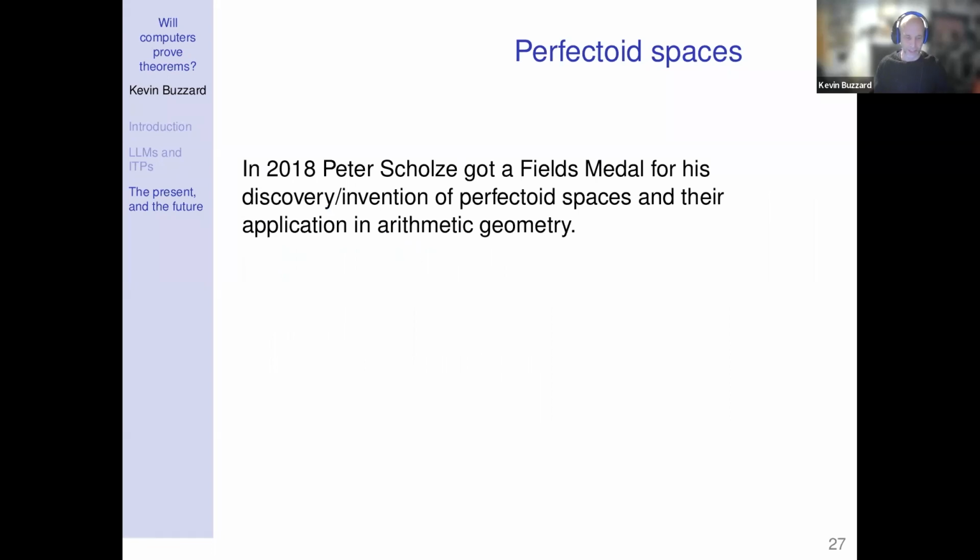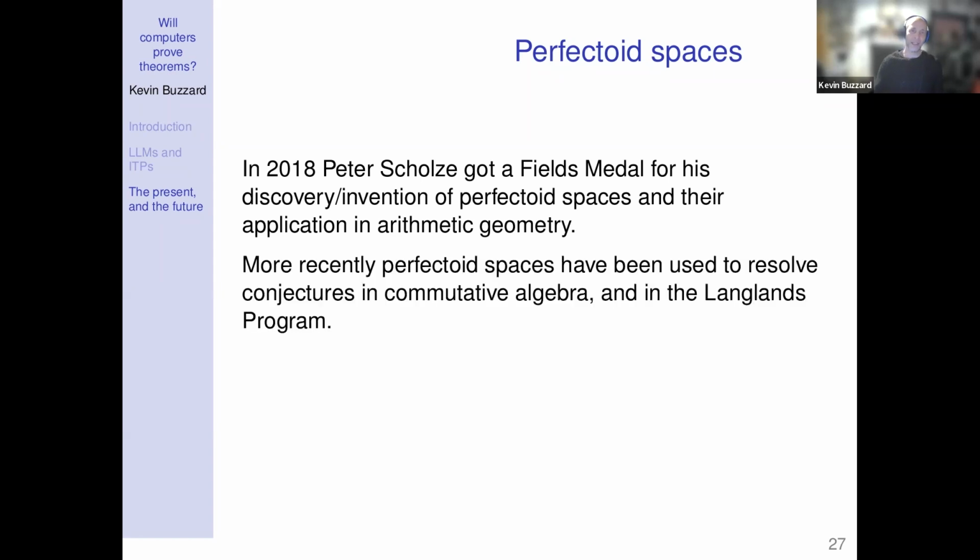And so the next project I came up with was that Peter Scholze in 2018 got a Fields Medal for something called perfectoid spaces. That was kind of a cool sounding thing. And most people in my department don't know what a perfectoid space is because it's a very technical thing. But perfectoid spaces are used in the area of mathematics I work in. I mean, they're used in lots of areas now.